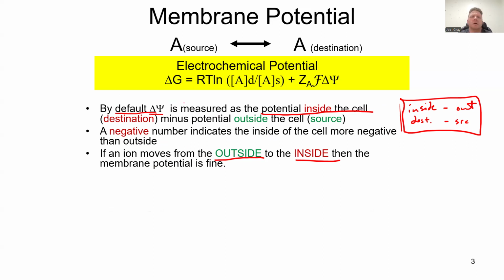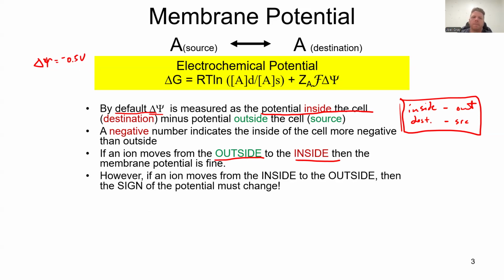What that means is that if you see a question where delta psi is negative 0.5 volts, that is saying that to move this substance from the outside to the inside, it is a change of negative 0.5 volts. That's your convention. The delta psi for that is negative 0.5.